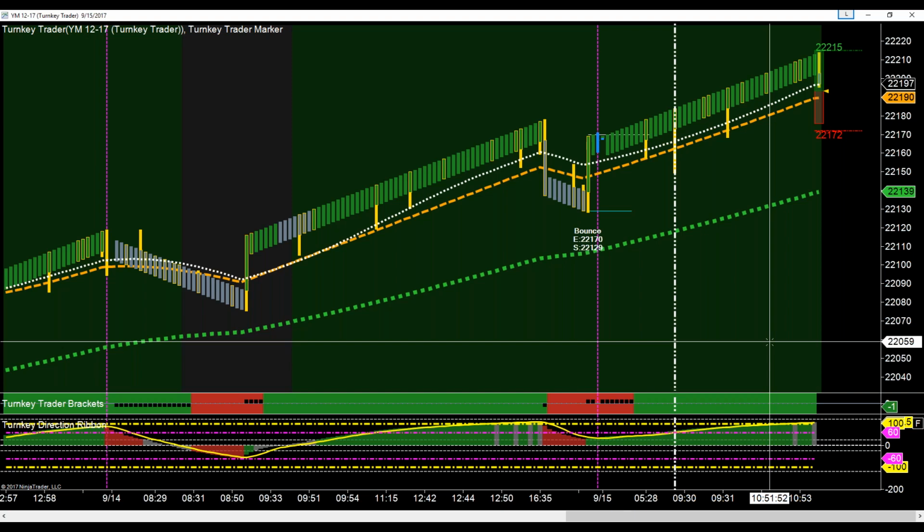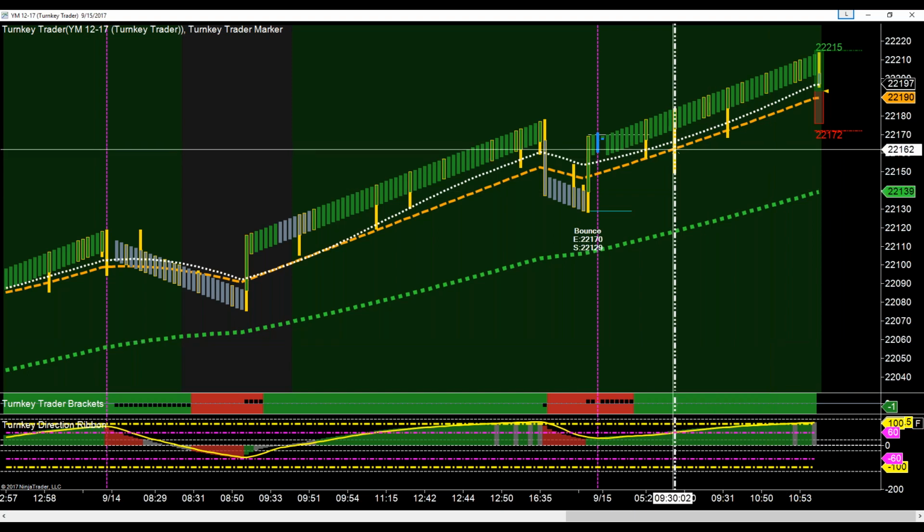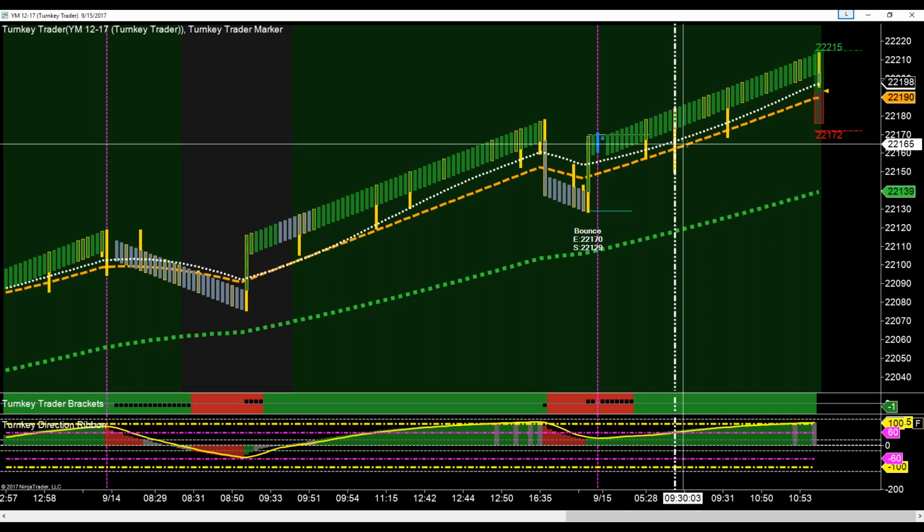Susanna asked, if price touches the trigger, why don't we long at the trigger price? So I take it you're asking if our bar comes down here and touches our orange trigger line, why don't we enter at this price, assuming we go long?